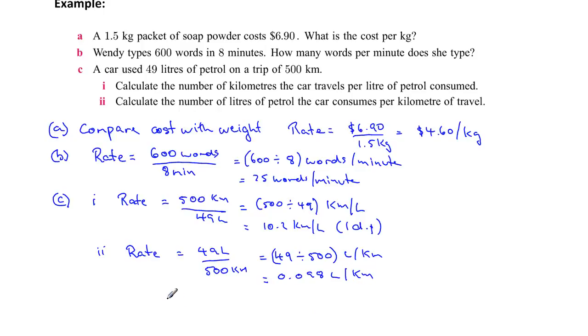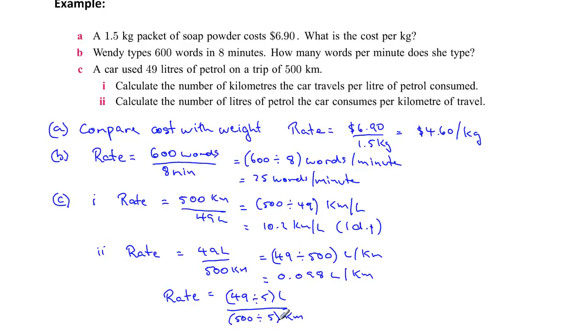So what we're going to do then is to change this to a more practical reading. So our rate in this case is going to be 49, divided by 5, that's going to be our litres. Now the reason why we're going to divide that by 5 is because at the bottom we're going to change our 500 to 100 by dividing by 5 kilometres.